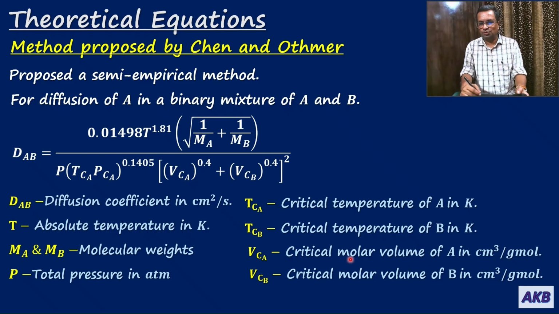So if you use VCA and VCB in centimeter cube per gram mole, you are going to get DAB in centimeter square per second. P, of course, you will have to use in atmosphere. So this is the equation proposed by Chen and Othmer, which is a semi-empirical equation.